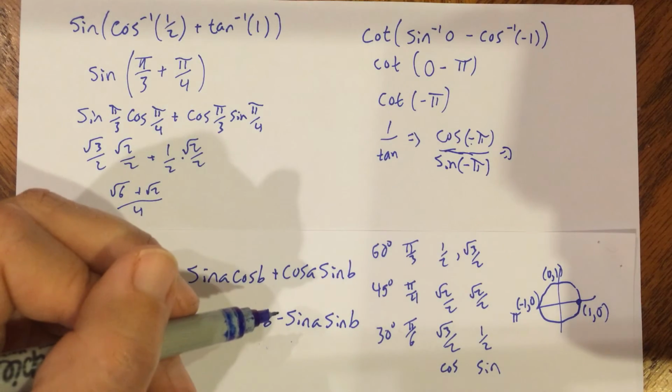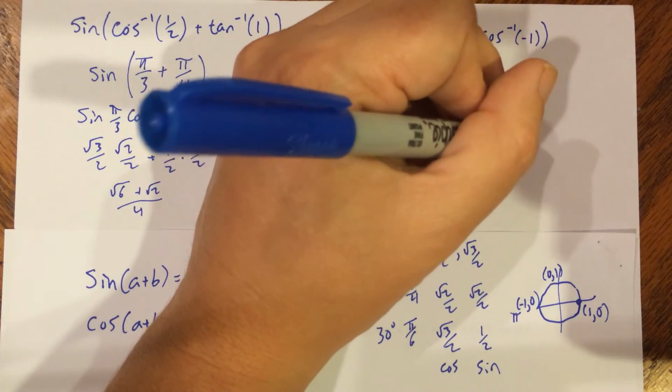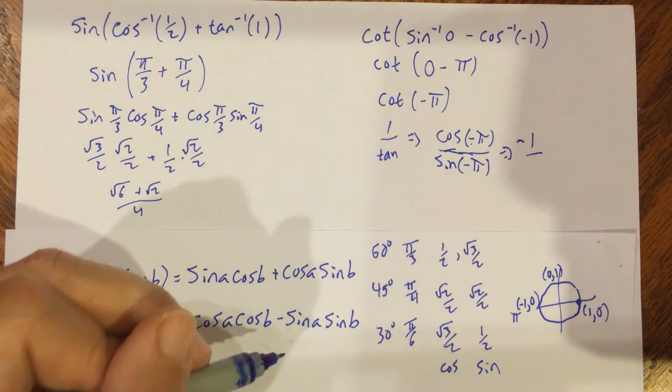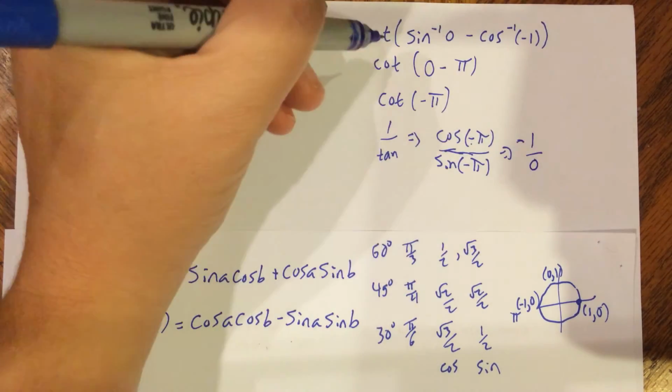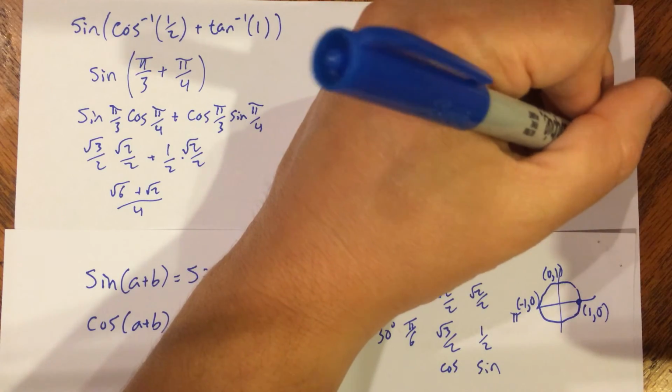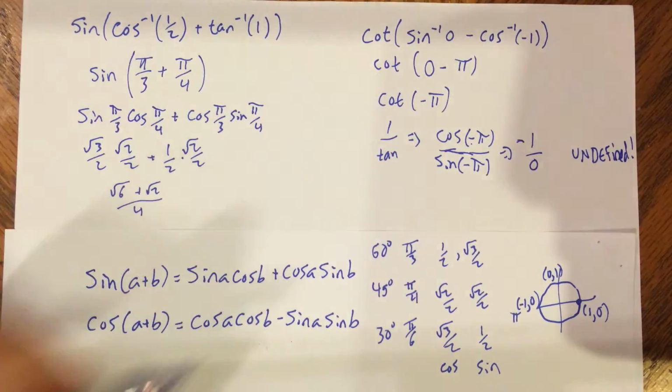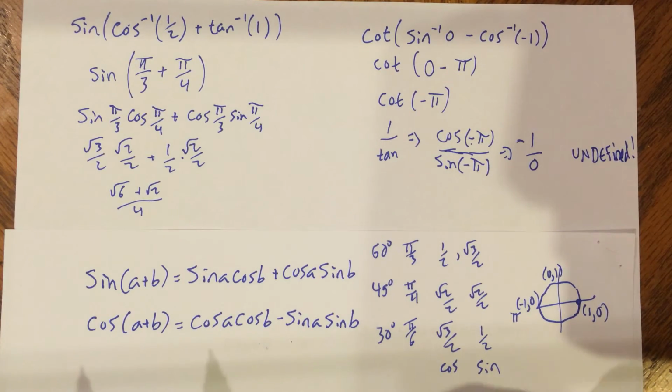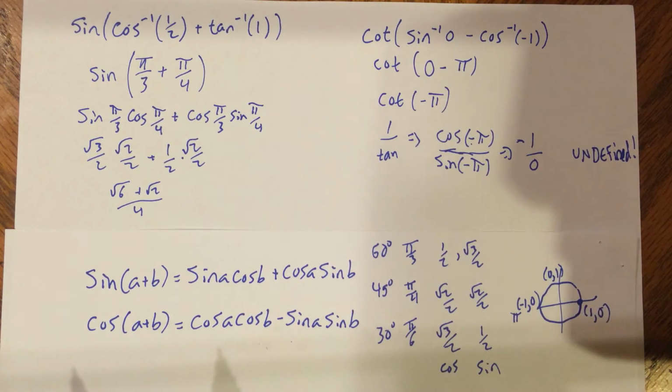Cosine of -pi is my -1, because it's my x. Sine of -pi is 0. So this is actually undefined. So even though it looked pretty hard, because I could do the simple math and get something I can find, it didn't turn out to be all that bad.